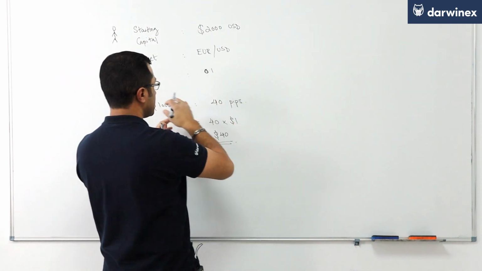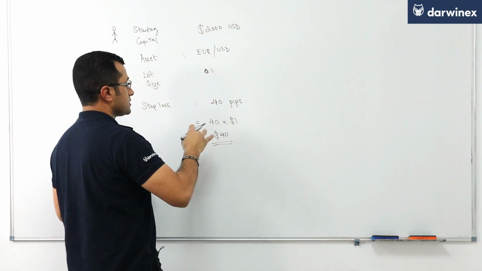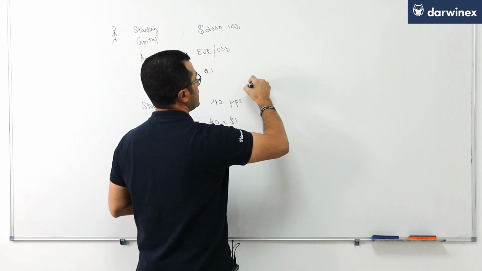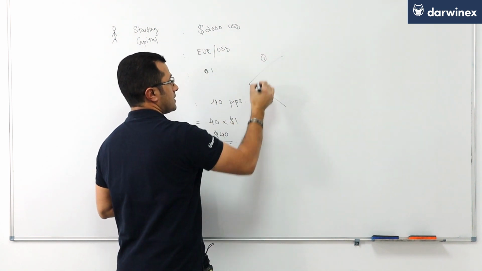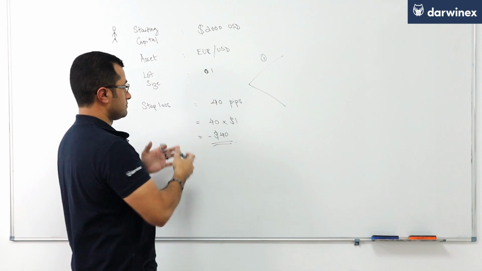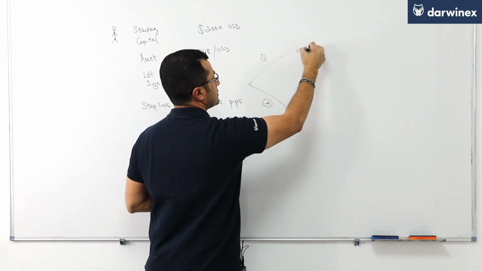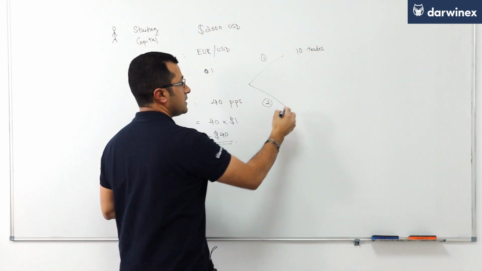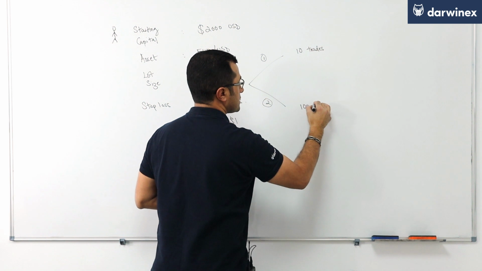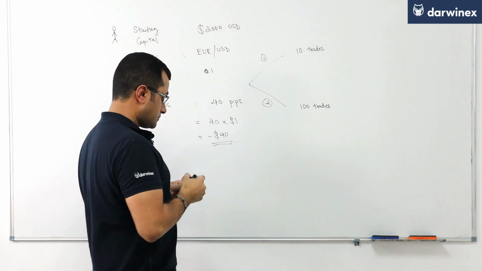Let's imagine that with exactly the same specification here, trading the euro dollar, 0.1 lots per trade, max loss of 40 pips, the trader has two distinct sub-strategies that use the same algorithm. In one of those, the trader trades 10 times in any given month, and in the other, the trader trades 100 times in any given month.